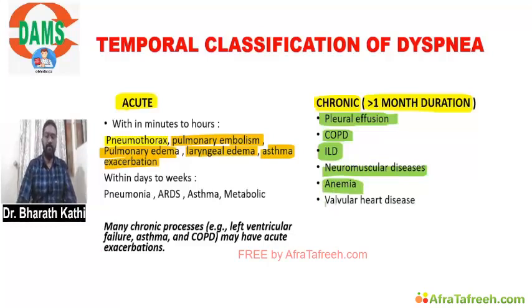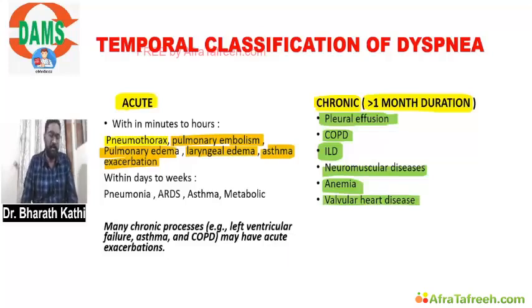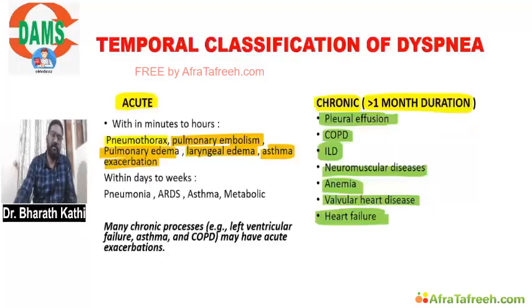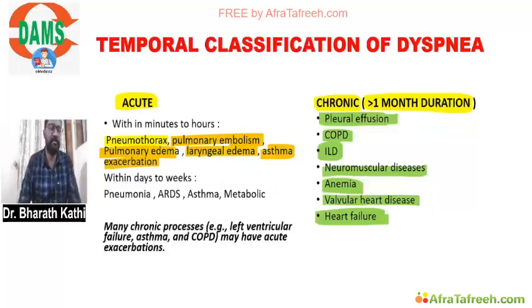And valvular heart diseases, again commonly misdiagnosed as some obstructive airway disease, such as mitral stenosis. Heart failure, such as dilated cardiomyopathy causing heart failure. So this is the basic classification of acute and chronic breathlessness.